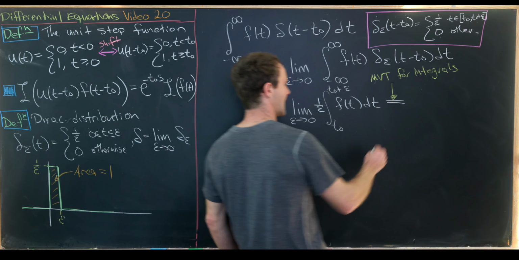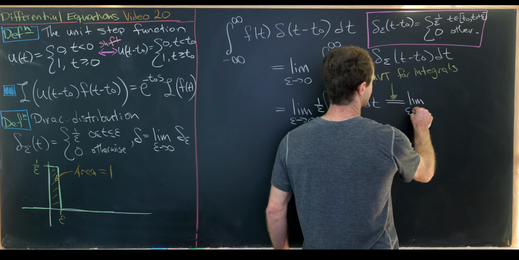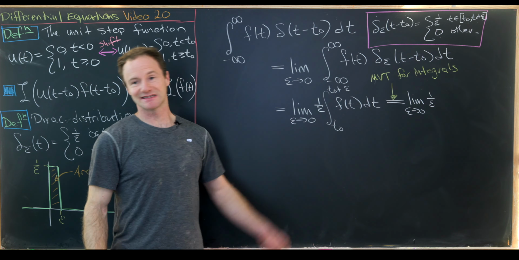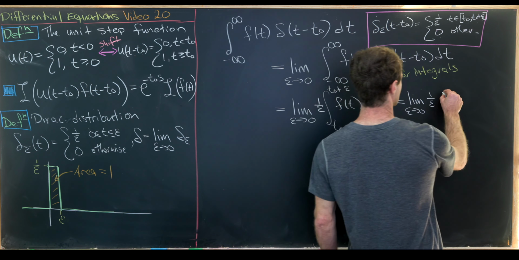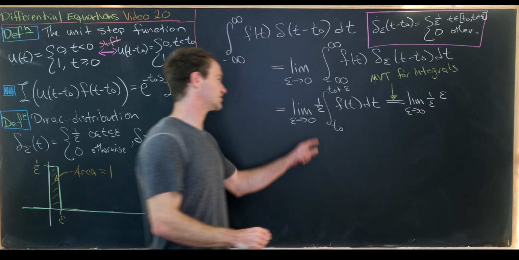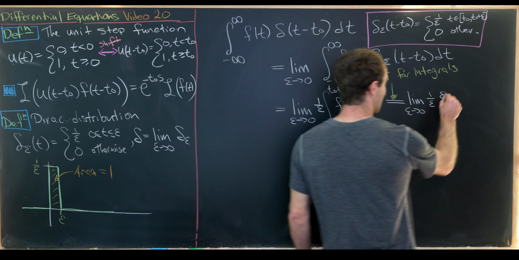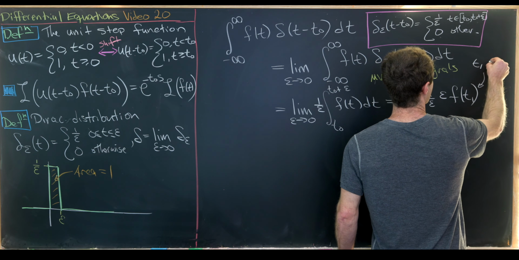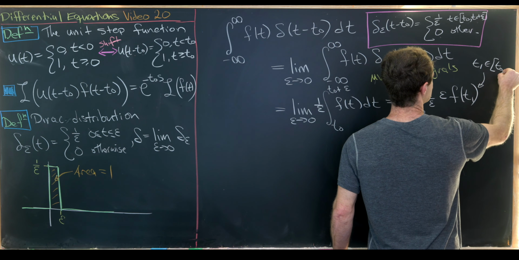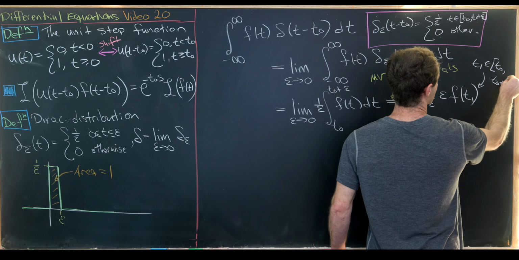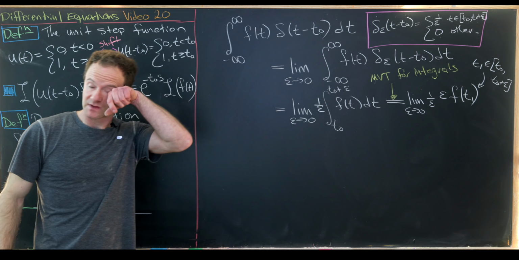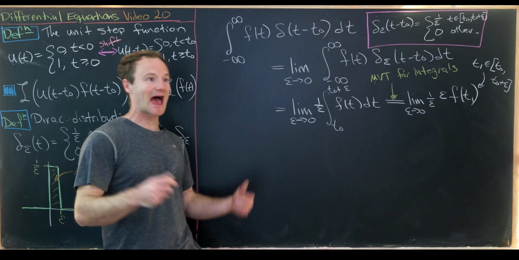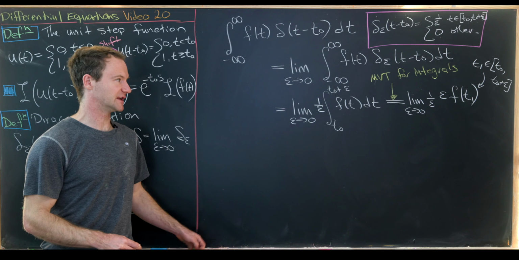So that says that this integral, well, let's rewrite this. We have the limit as epsilon goes to 0. We have 1 over epsilon. That tells us that this integral, in fact, equals the length of the interval, which is epsilon, times f evaluated at t1, where t1 is something between t0 and t0 plus epsilon. So in other words, the function achieves this average value somewhere on that interval.